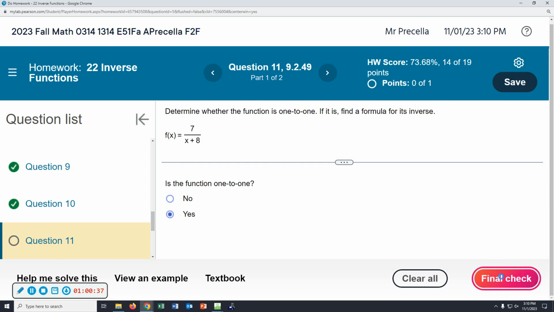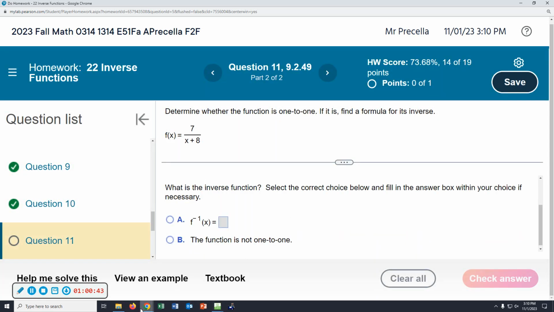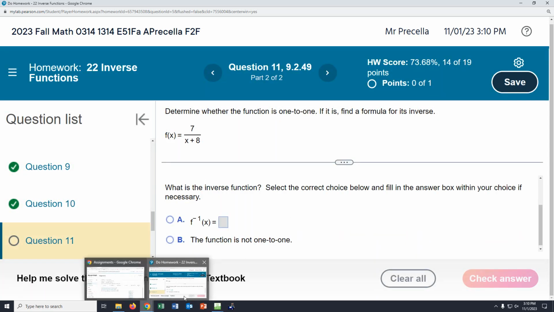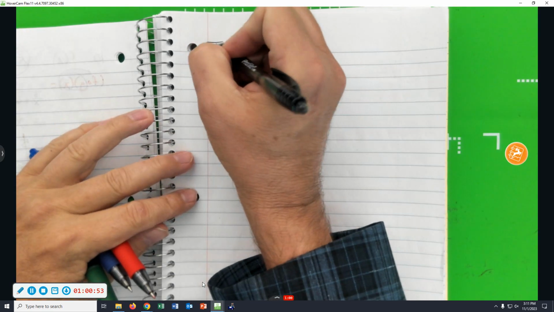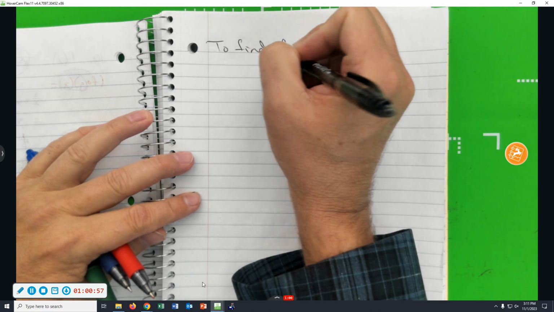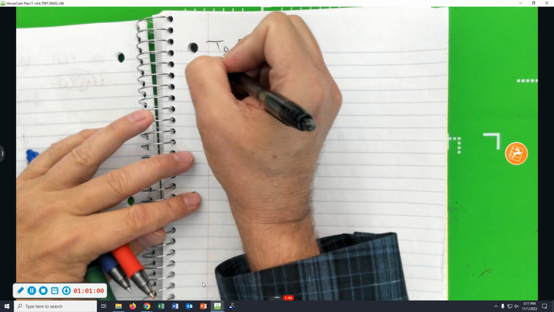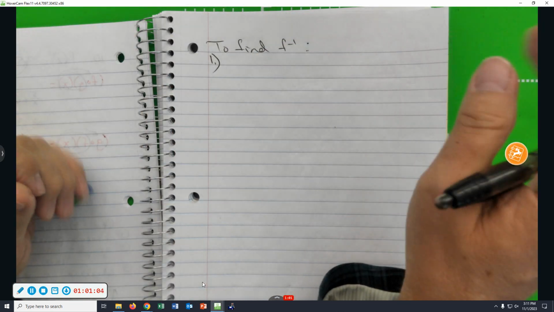If there are no absolute value bars and no even exponents, it's 1 to 1. So how do we find the formula for that inverse? It's not as bad as you think. It's pretty easy to find the inverse for an equation. To find f inverse, the first thing you have to do is verify that the function is 1 to 1.